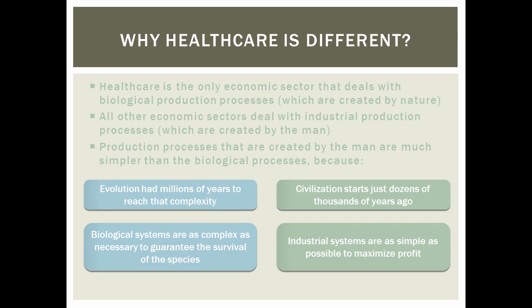So you never see something like the tail of a peacock being produced by the oil or by the chemical industry, because that doesn't make sense with the goal of maximizing profit. And this difference is very important, because this is essential for us to understand why healthcare software can't be developed the same way that we develop software for any other industry of human society.